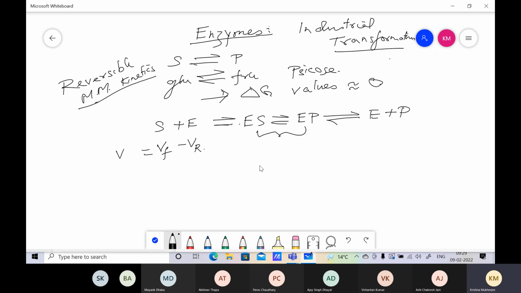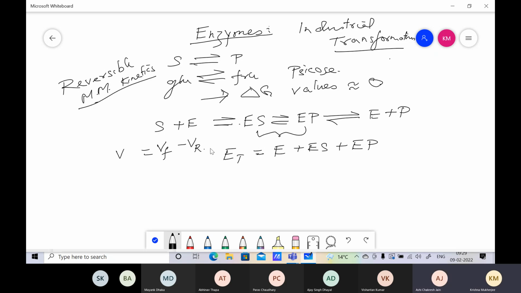Now we do the same fractional saturation logic. What is the enzyme? Et is now equal to E free enzyme plus ES plus EP. Do you follow this argument? Right?